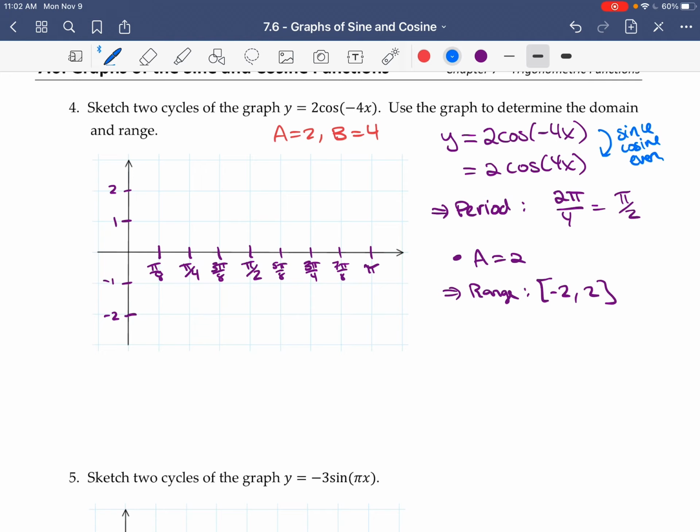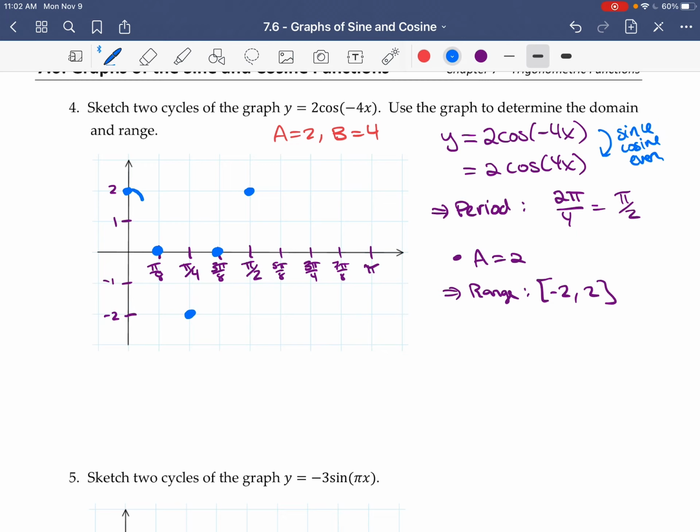So at 0, cosine is normally 1, so it's going to be at 2. And then by the first step, it normally gets to 0, and then it goes down to -1, so that's down to -2, and then it goes back up to 0, and then back up to 1, so in this case 2.